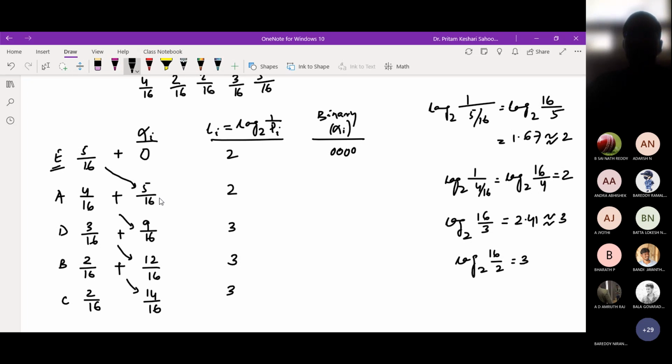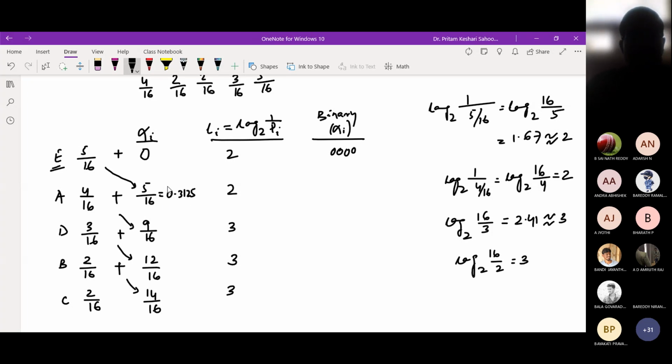Similarly, 5 by 16. So what is 5 by 16? If you use a calculator, what value will you get? It will be 0.3125.